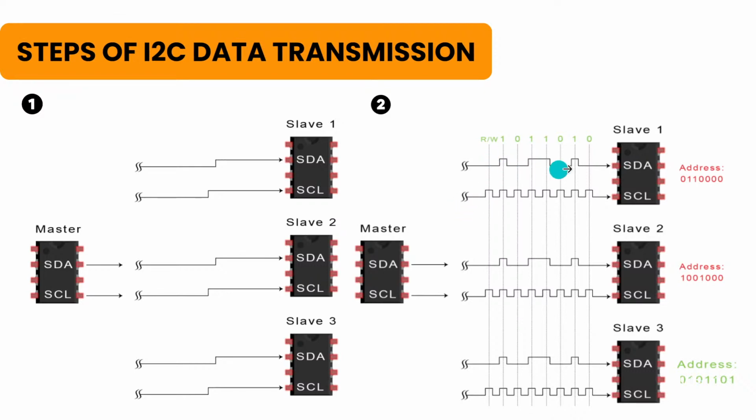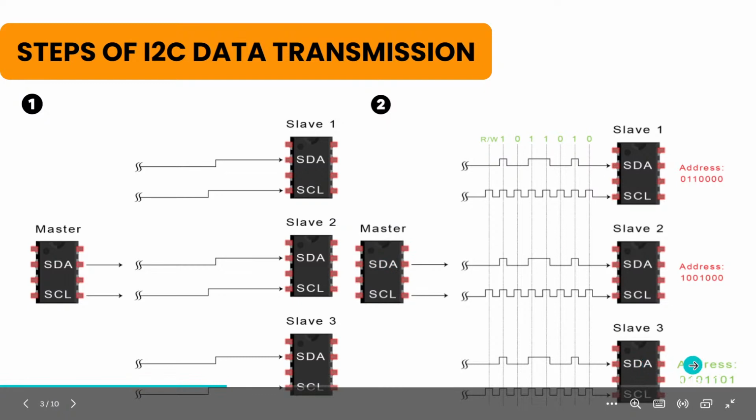So it sends a 7 or 10 bit sequence address to the slaves. The first slave doesn't match with the address, and the second slave also doesn't match the address sent by the master. The third slave recognizes that the address the master sent matched with the slave 3 address.